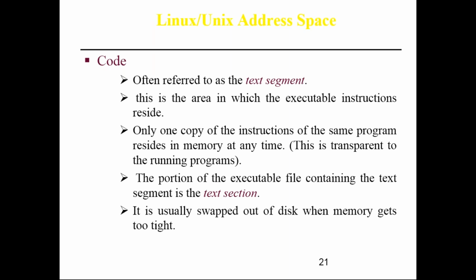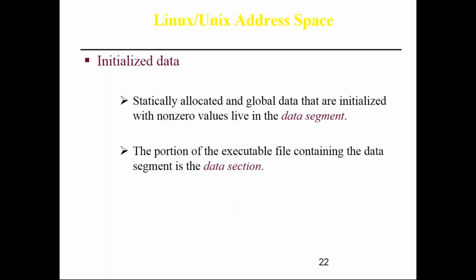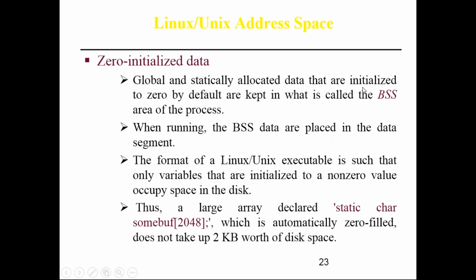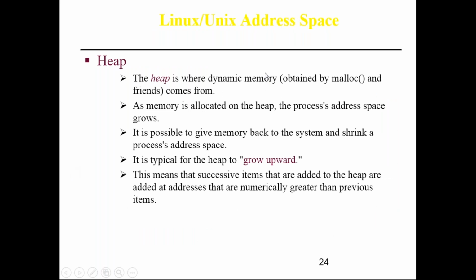What do you mean by the code section? That is called your text segment. What do you mean by initialized data? That is also called your data segment. Then, what do you mean by zero initialized data?